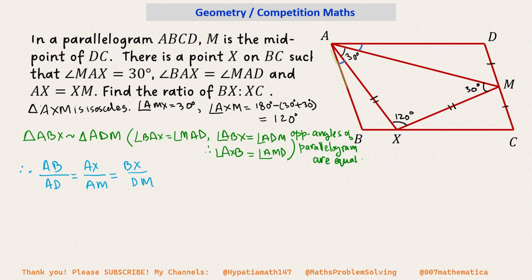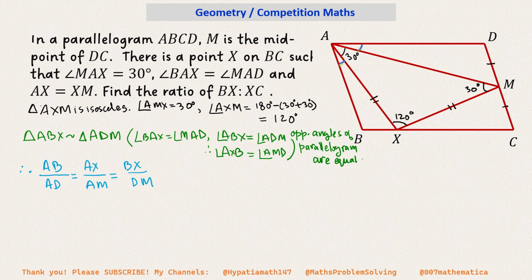So AB out of AD, and that's because if you were to cut this triangle out and it sits on top of the other triangle with the angles matching, then AB and AD would be proportional. So AB out of AD is equal to AX out of AM is equal to BX out of DM.